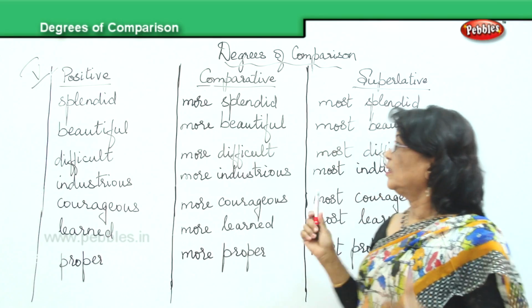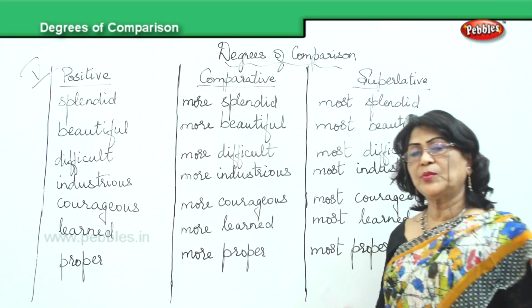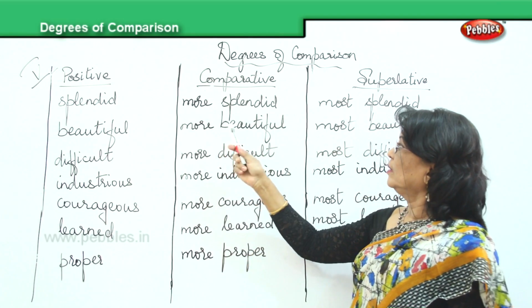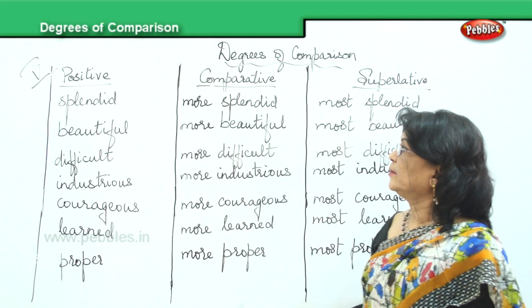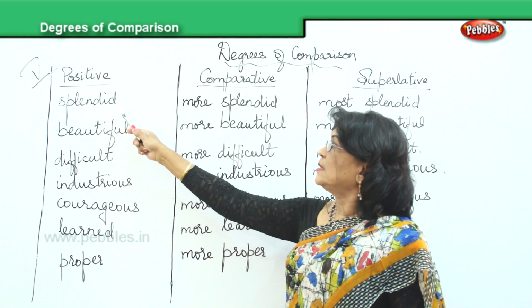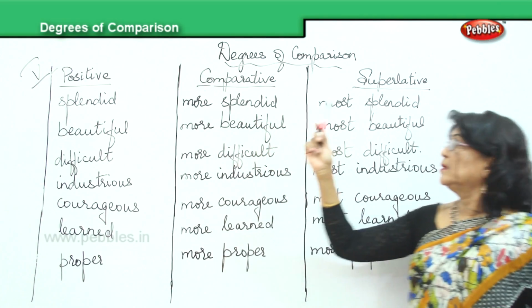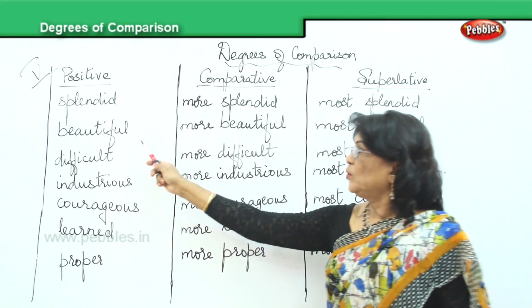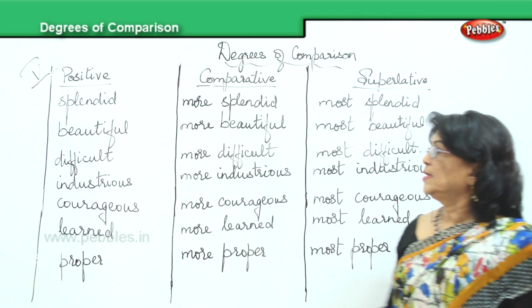Have you understood now? These words, the adjectives with 2 or more syllables, will take more for comparative and most for superlative. Let's have a recap. Positive degree: splendid, comparative, more splendid, and superlative, most splendid. Beautiful, more beautiful, most beautiful.